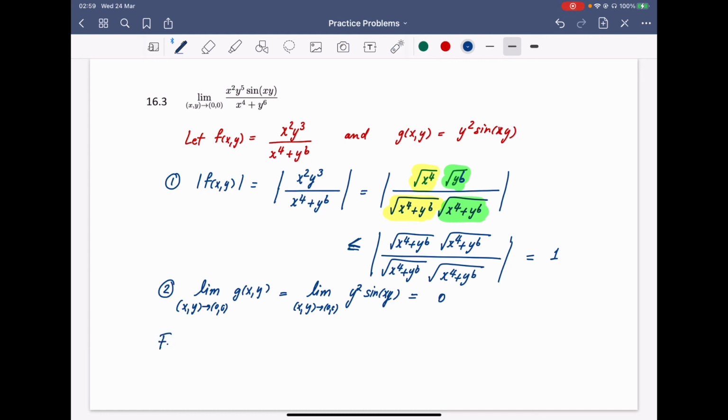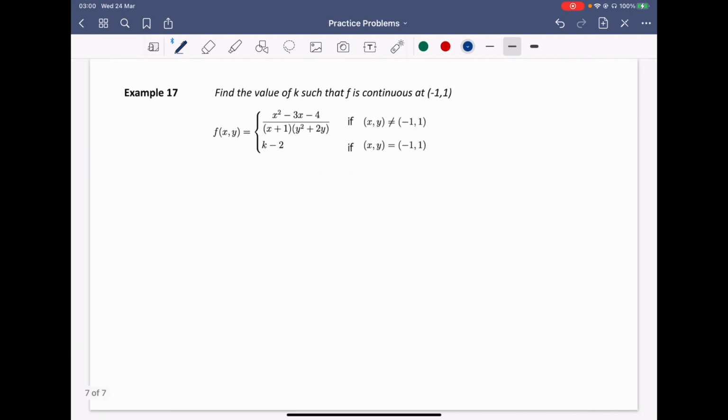So from 1 and 2, now we conclude that this limit, x squared y to the 5th power sine xy over x to the 4th power plus y to the 6th power, is actually 0. Alright, that's question 16.3.